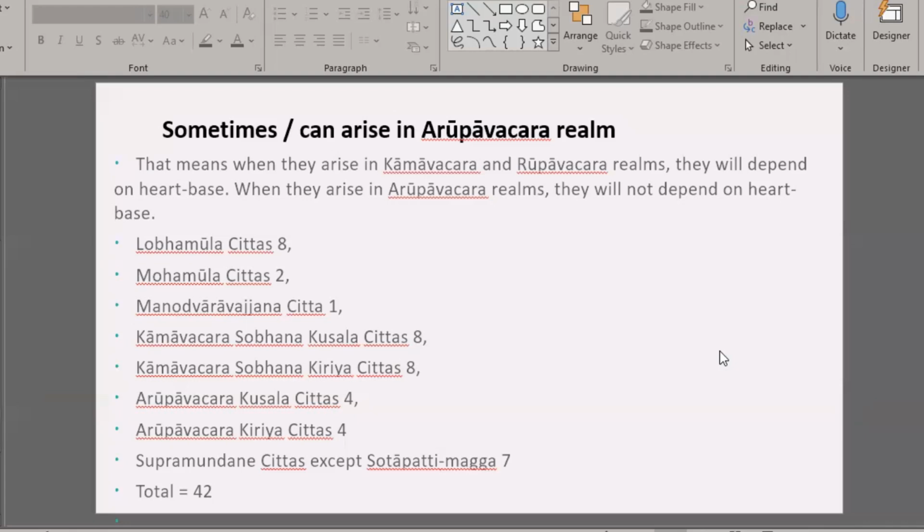For example, when a human being attains Sotapatti Magga, then he develops Arupavachara jhana levels. Then he is reborn in the Arupavachara realm as a Sotapanna, a stream enterer. Then he develops insight meditation in the Arupavachara realm.